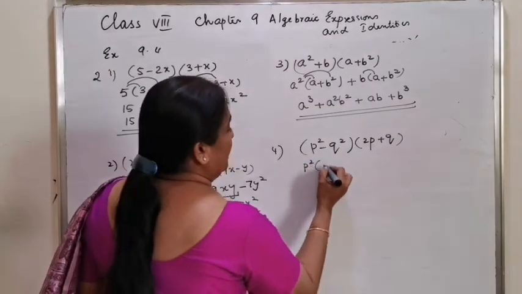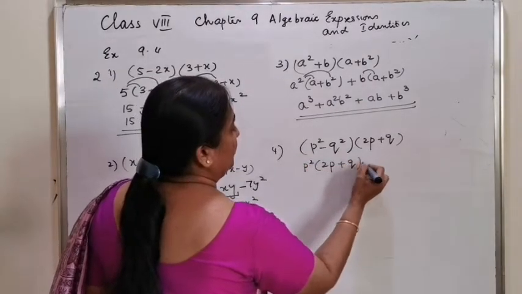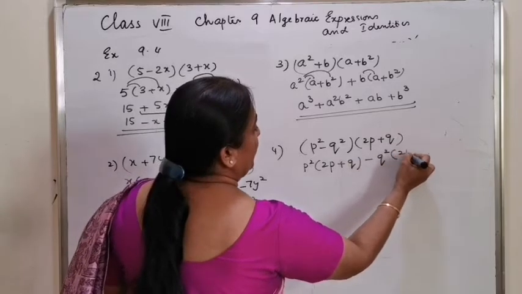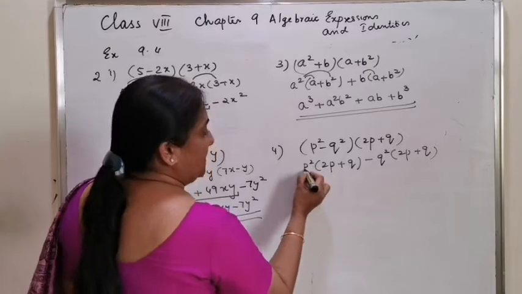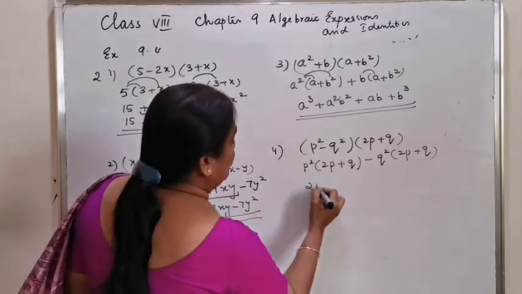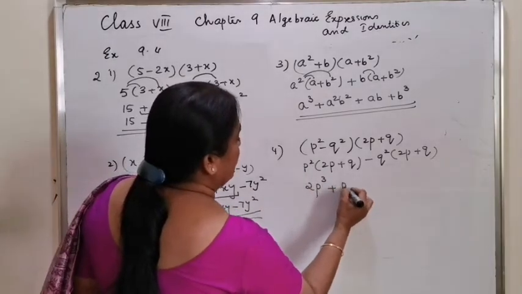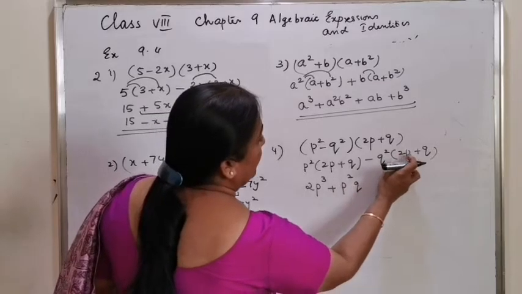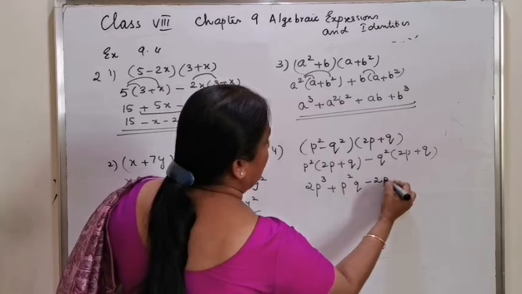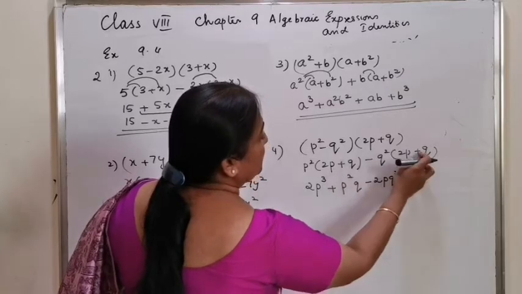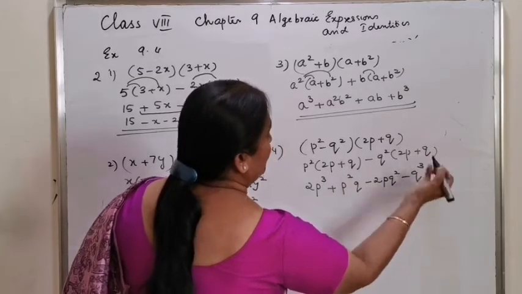P square into 2p plus q minus q square into 2p plus q. P and p square is p cubed. So 2p cubed plus p square q, then pq square and minus 2pq square, minus into plus is minus q cubed.